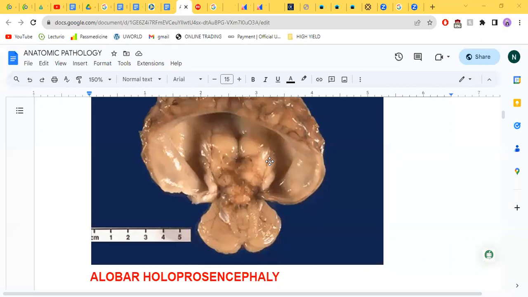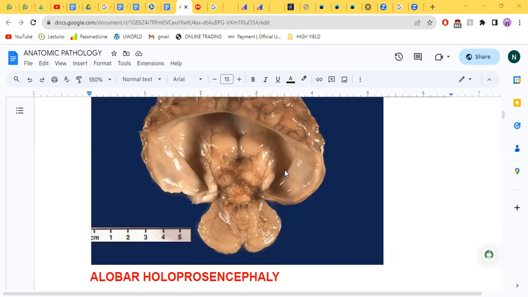Let's move on. Also, we said which mothers are susceptible or prone to getting babies with holoprosencephaly? Diabetic mothers, correct. Guys, I think we are doing well.